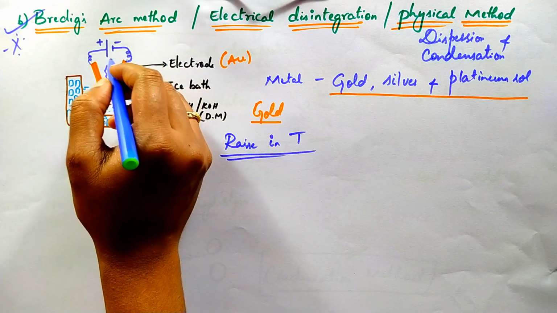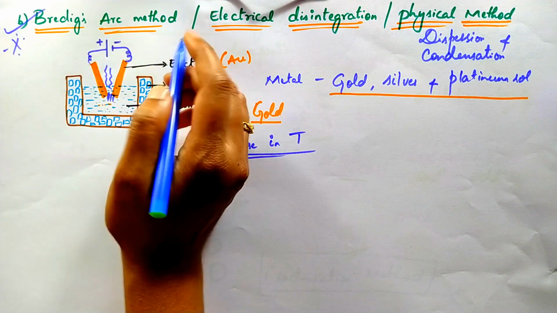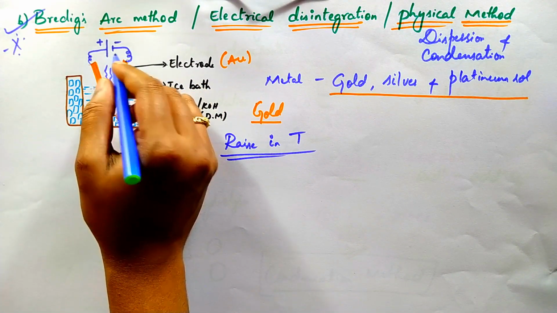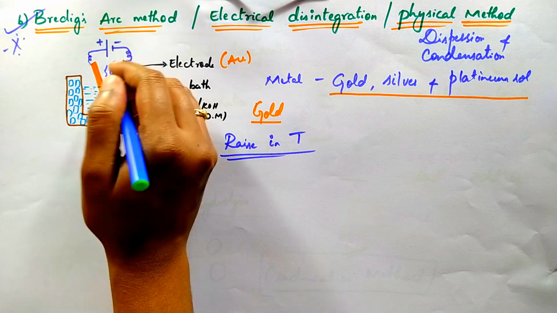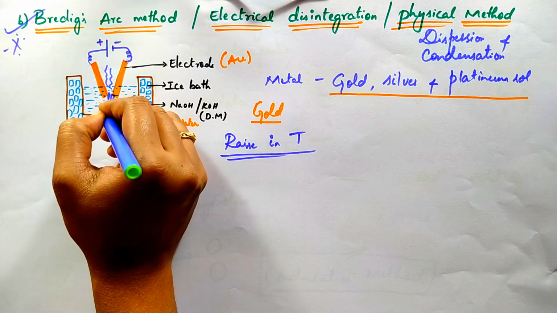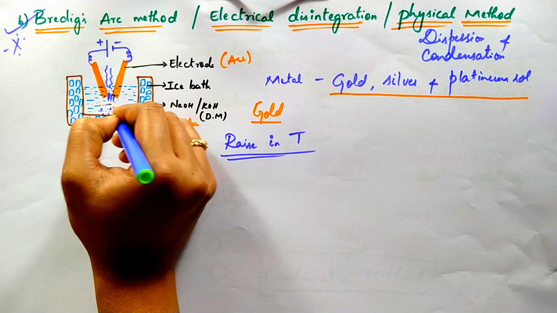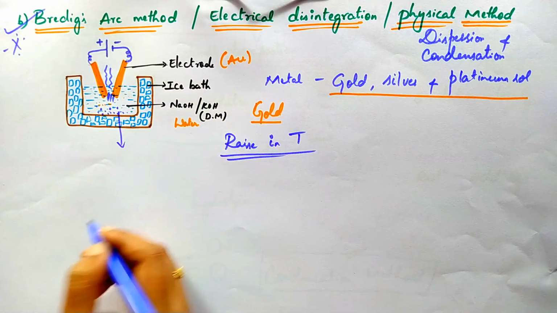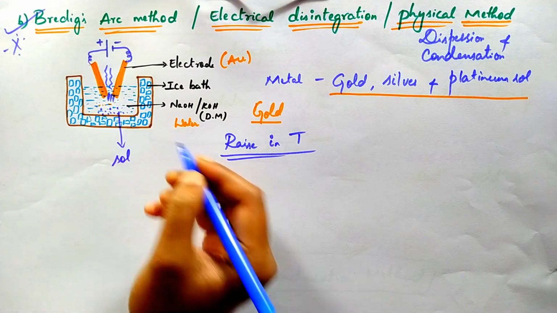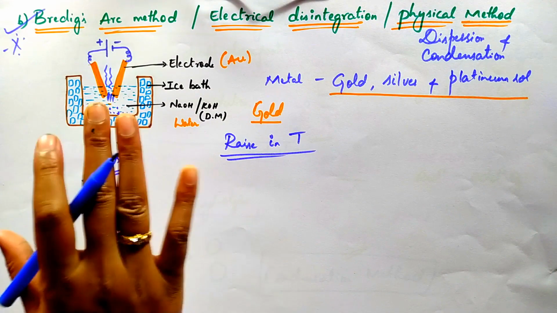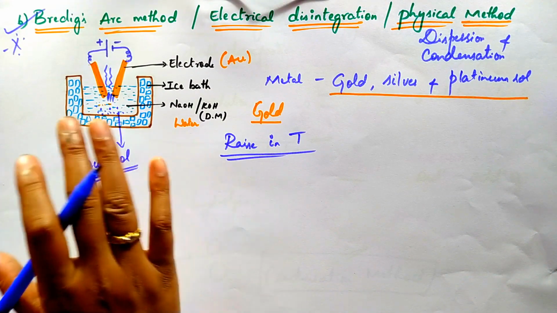This evaporation is avoided by using ice in the outer chamber. The evaporating metal is condensed, and the condensed particles settle at the bottom of the vessel, which we call a sol, that is a gold sol. This is how we prepare a sol by the Bredig's arc method.